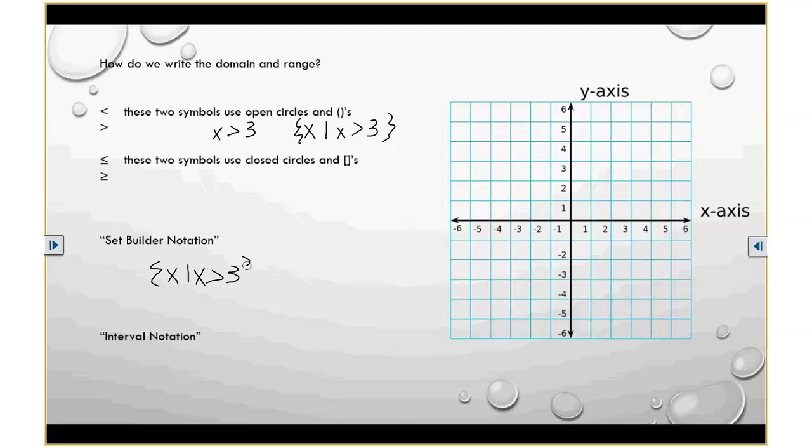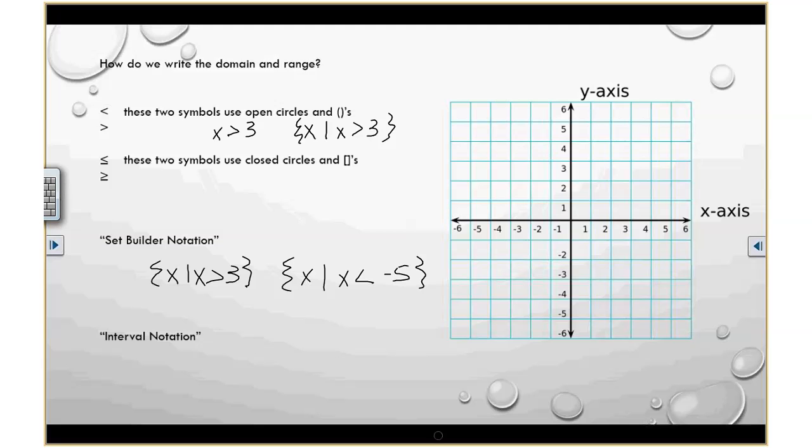That's set builder notation. If I was going to write x such that x is less than -5, that's set builder notation.